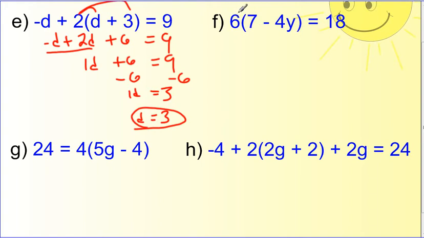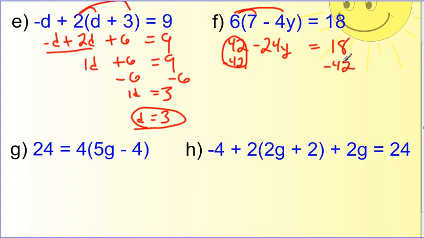Letter F. Let's see, distribute, distribute. That gives us 42 minus a 24y equals 18. Now again, this is not a minus 42. It's a negative 24. The sign sticks with a number after it. Positive 6, positive 2, negative 1. So the way we're going to get rid of this 42 is we have to subtract it away. In case you didn't notice, there is no combining like terms.